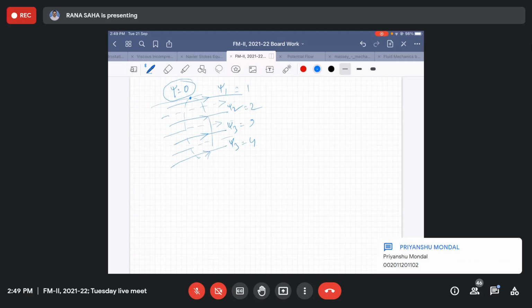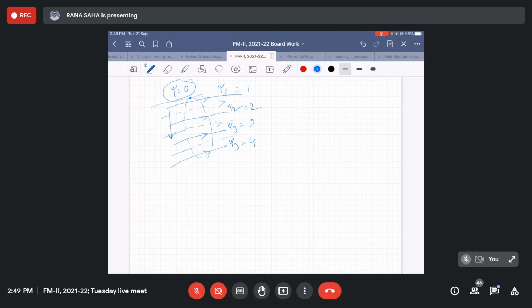Okay. So as you go in this direction, you have an increasing value of the stream function, representing more amount of flow rate occurring through it. And it doesn't matter in which path you go from, say, A to B. These are the two end points.